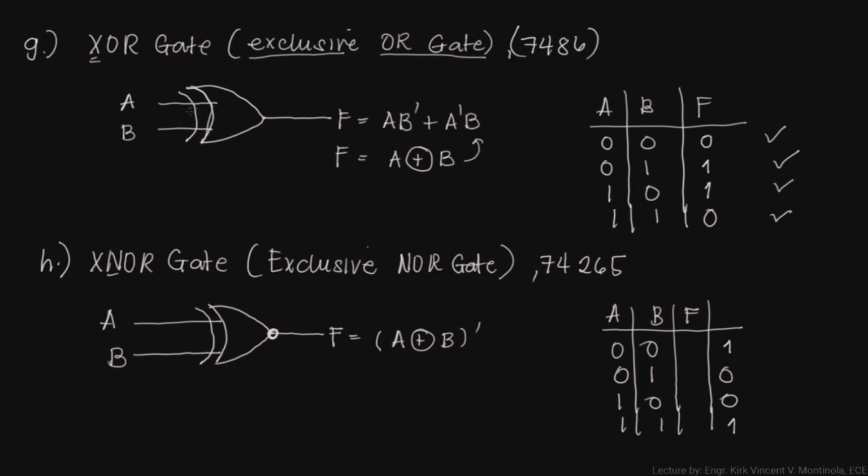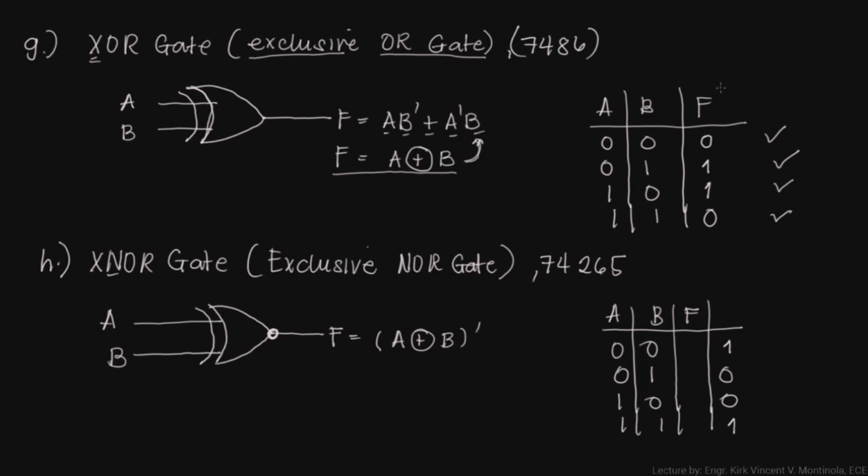That is the correct way of drawing its symbol. Its expression is A and not B, or not A and B. Sometimes it is simplified as this one, but that is all it means if you expand it.